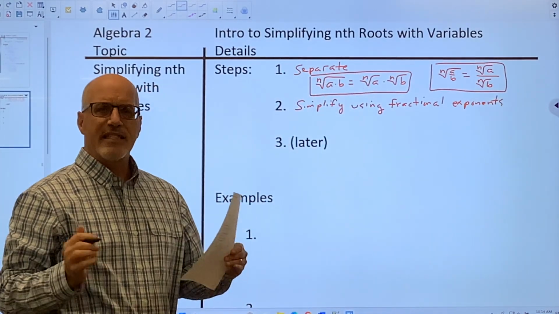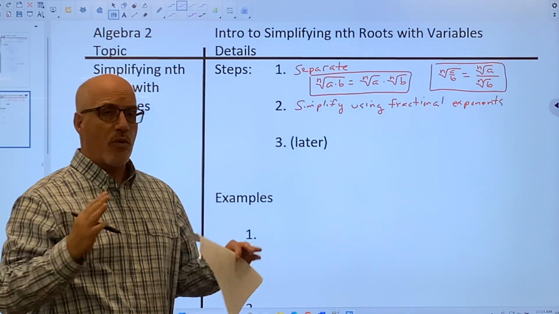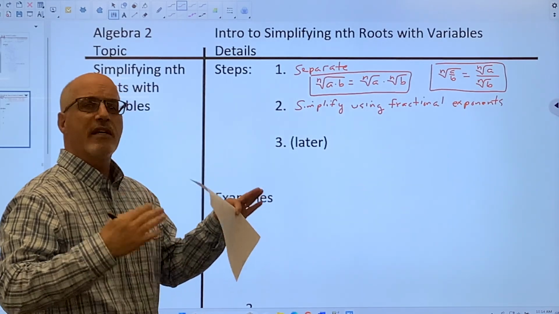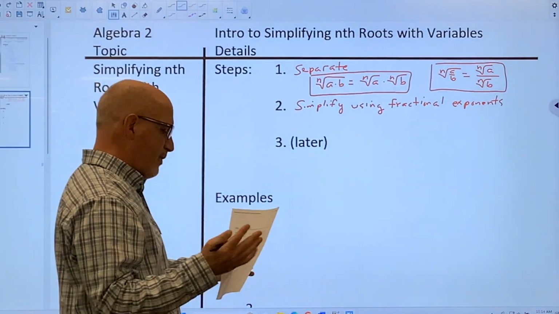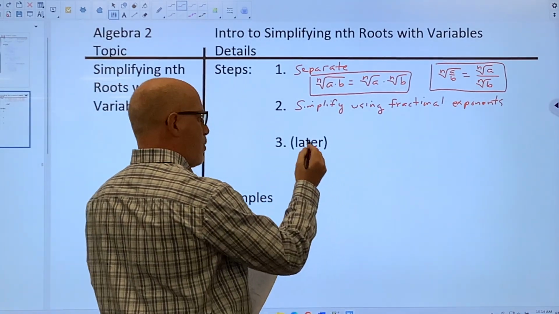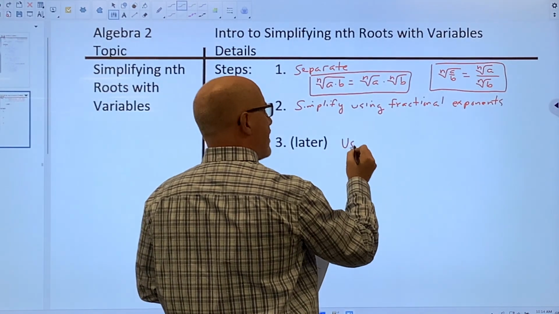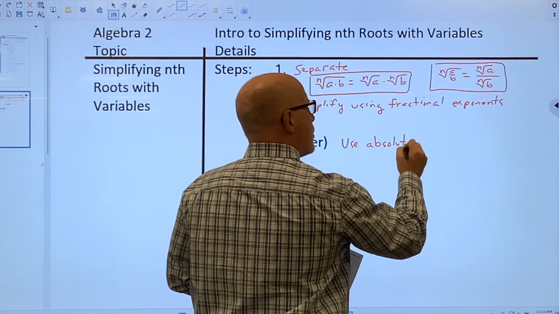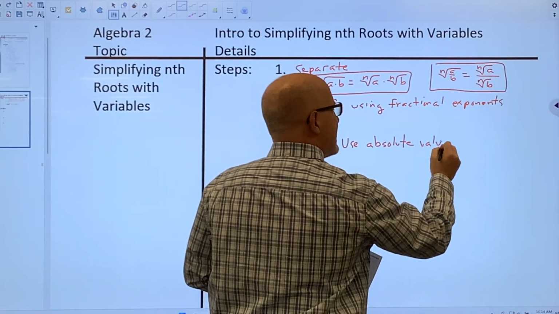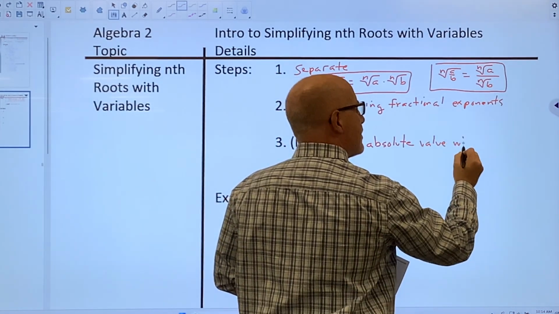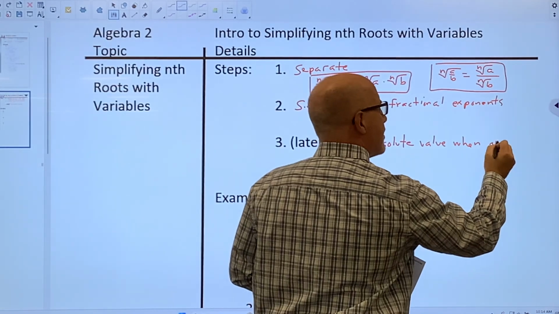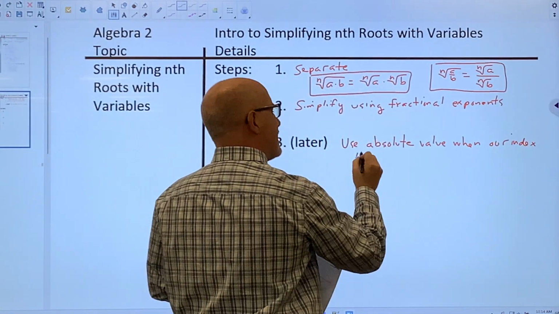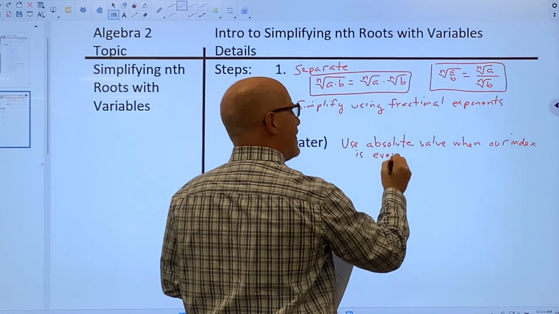This next step is one we're going to use later. It won't come up in any of the problems we're going to do today, which is why it says later here, being a later lesson. For this introduction, we won't use it. We're going to use absolute value when our index is even, when necessary.